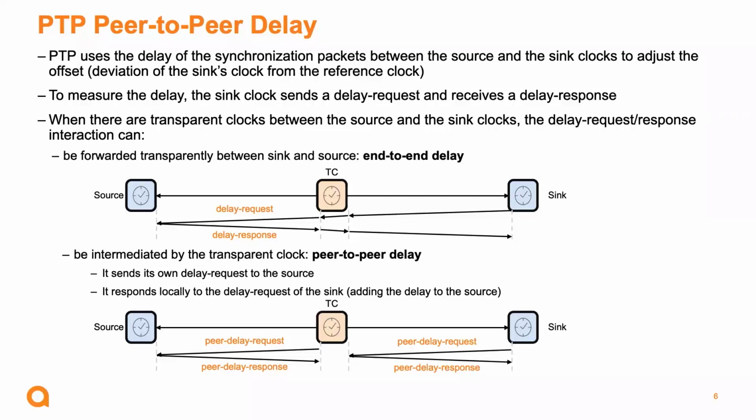Having said all of this, this second delay mechanism is the one that we are implementing. End-to-end delay, on the other hand, has been available since AOS-CX 10.8 throughout 10.9 and all the way to today. So today you have both options.